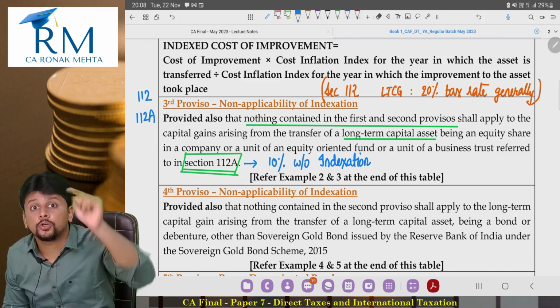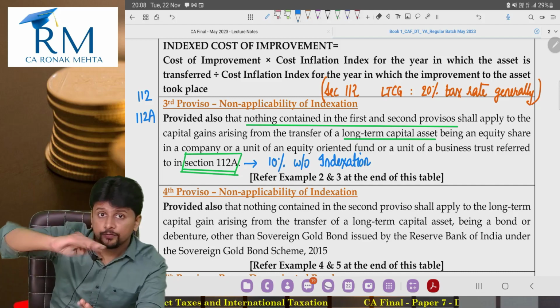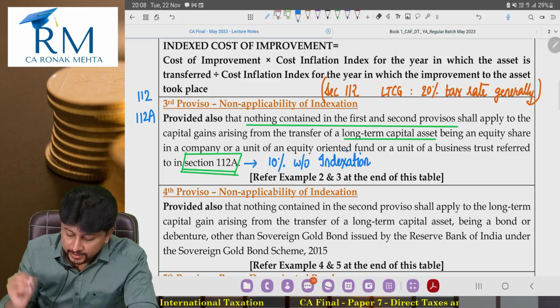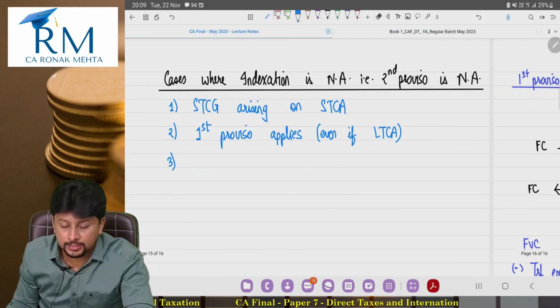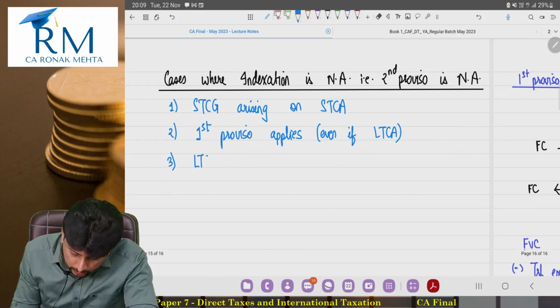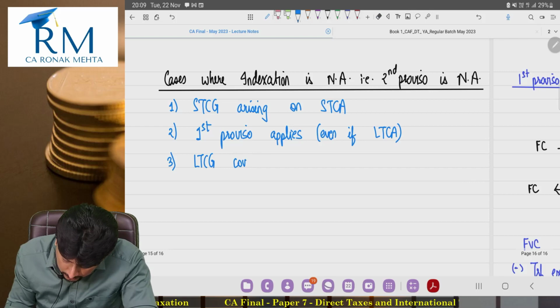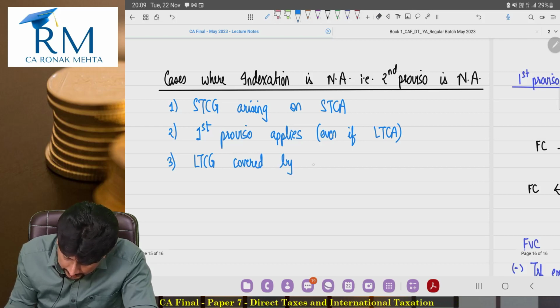First proviso is also not applicable. First proviso means this method of conversion and reconversion. That means number 3, cases where indexation is not available. Long-term capital gain which is covered by section number 112A.